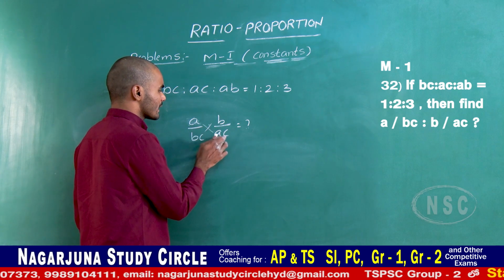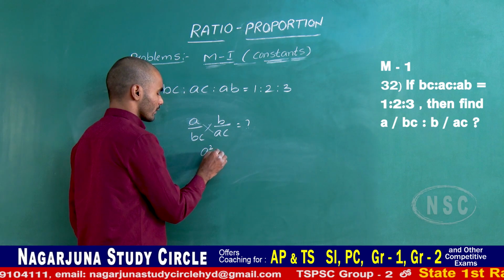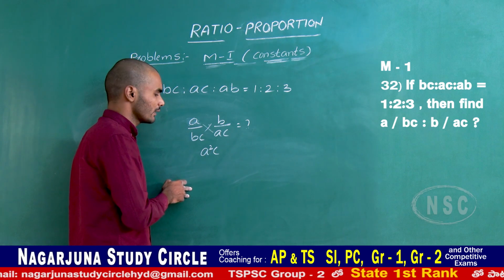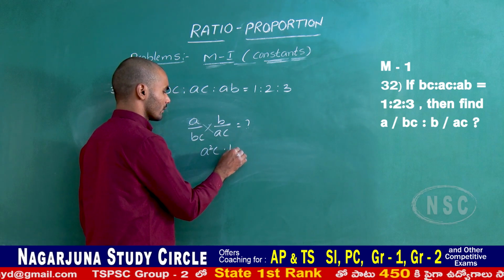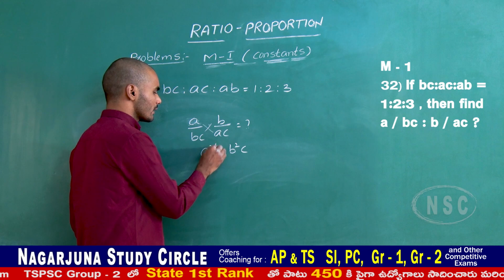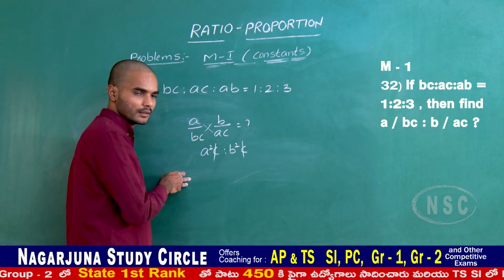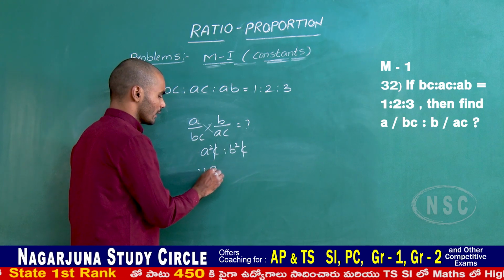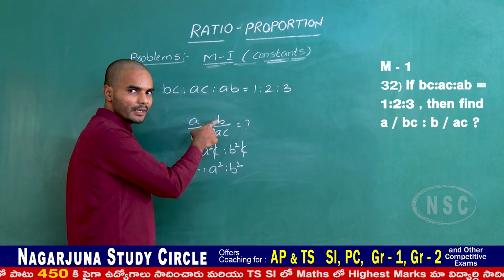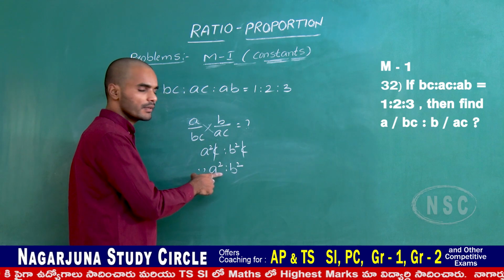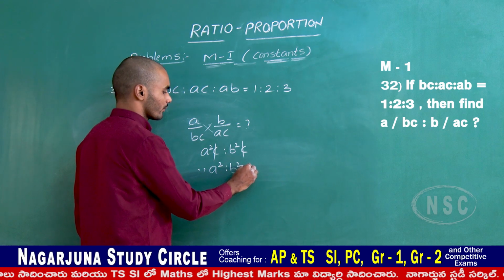It means A square C is to B square C. C are common, then they are cancelled. It gives A square is to B square. It means A by BC is to B by AC is also equal to A square is to B square.